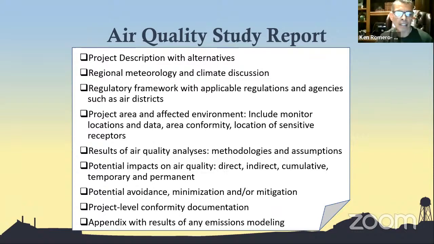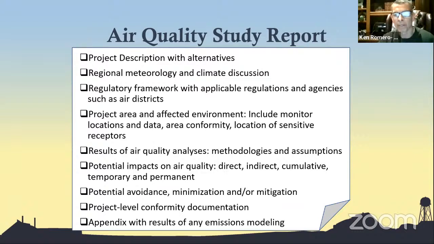Provide area and affected environment. Include monitor locations and data, area conformity designations and classifications, and location of sensitive receptors. Results of the air quality analysis include a description of methodologies and assumptions used, and potential impacts of the project on air quality: direct, indirect, temporary, and permanent.